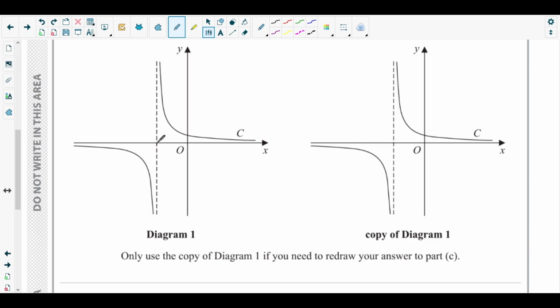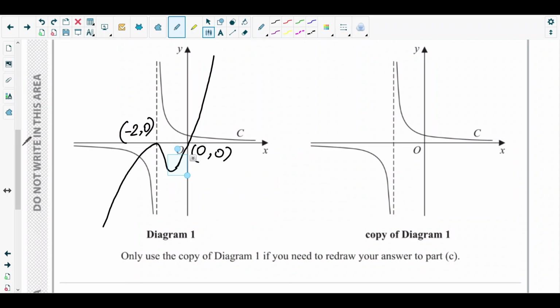So it will be like this. It will go like this and then bounce back. It has bounced back from x equals -2 and then it will pass through the origin. It should pass through the origin clearly. So this is (-2, 0), and this is the origin (0, 0).